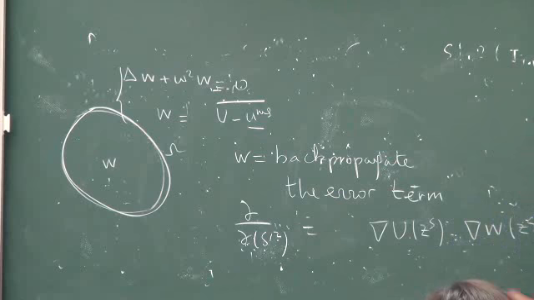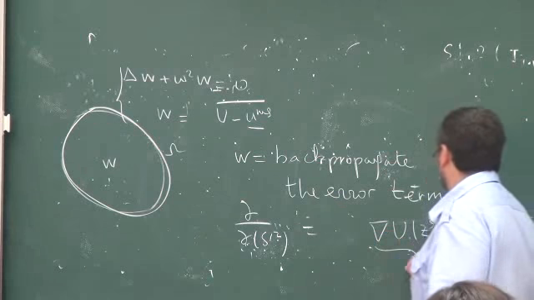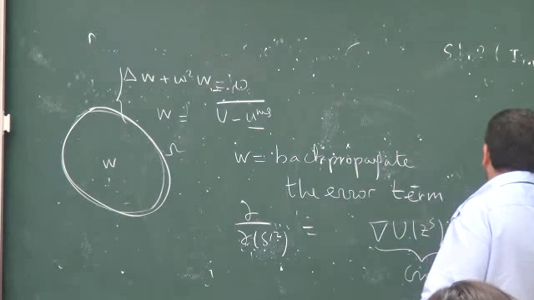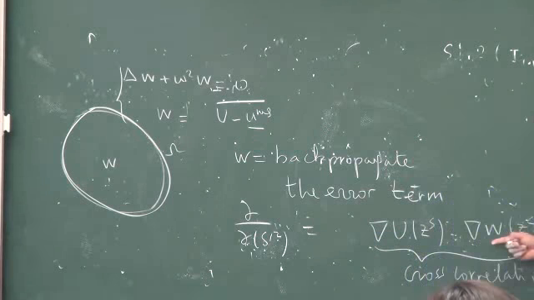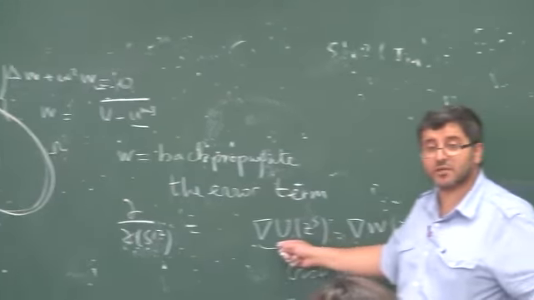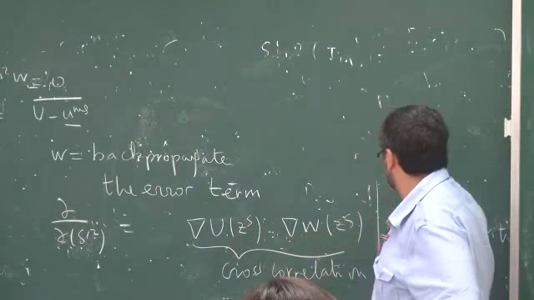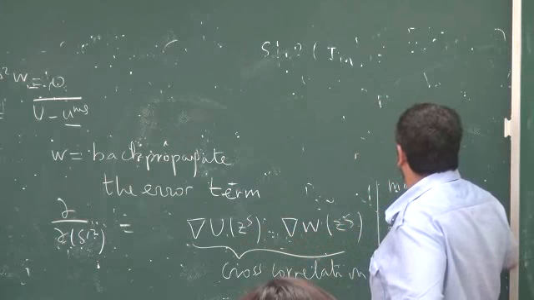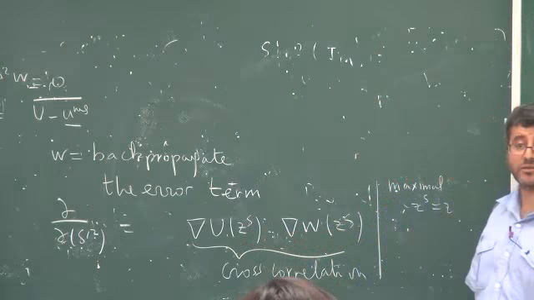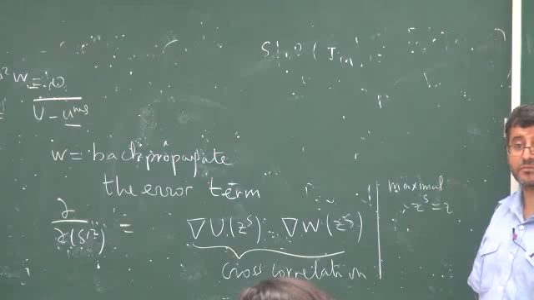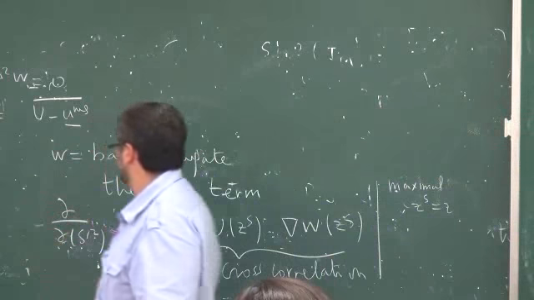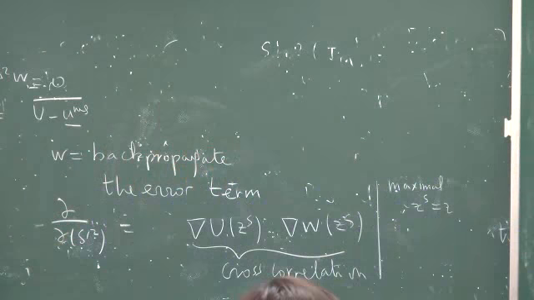So what you are doing is cross correlating the back propagation of the error with the background field, and this is maximal at ds equals z. Then you find your z. Take a minus here.